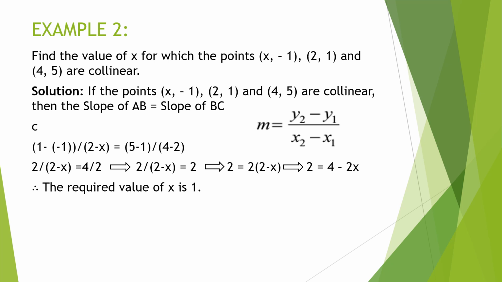The slope of the first 2 points will be 1 minus minus 1 upon 2 minus x, and for the second and third points it will be 5 minus 1 upon 4 minus 2. Solving this, we get the value of x as 1.